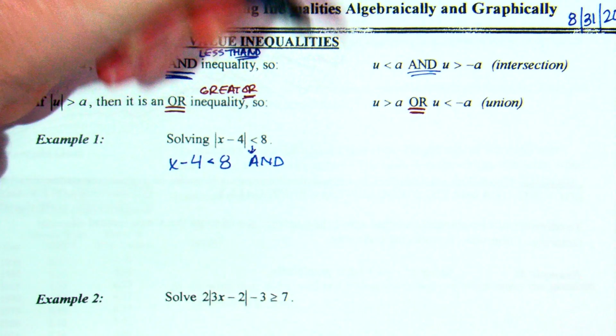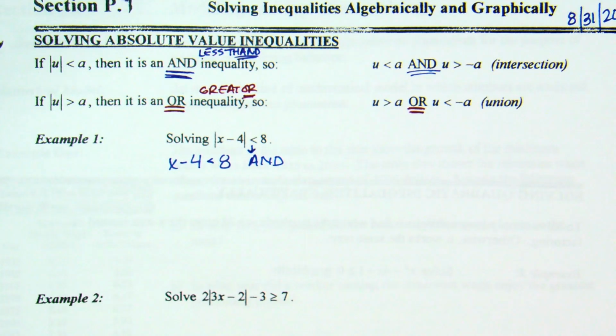Second inequality. What's my second inequality? Okay, so you keep whatever's in the absolute value, don't change it. So x minus 4, less than becomes greater than, positive 8 becomes negative 8.